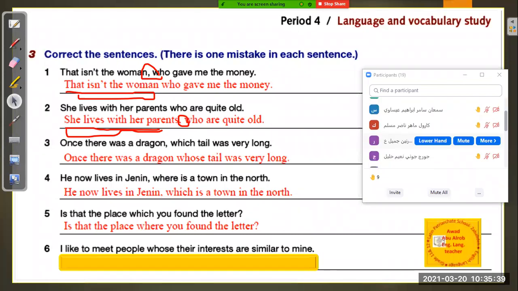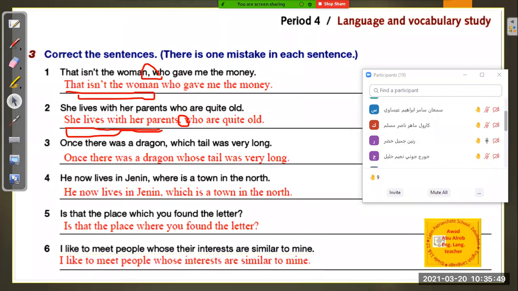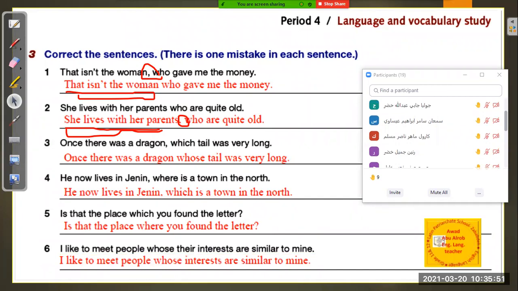Raneen, the last one. I like to meet people whose their interests are similar to mine. I like to meet people whose interests are similar to mine. So we need whose.